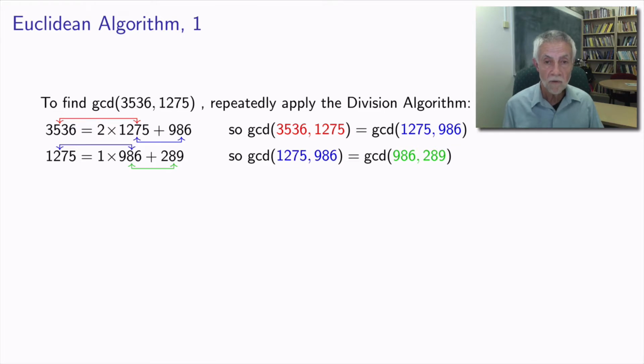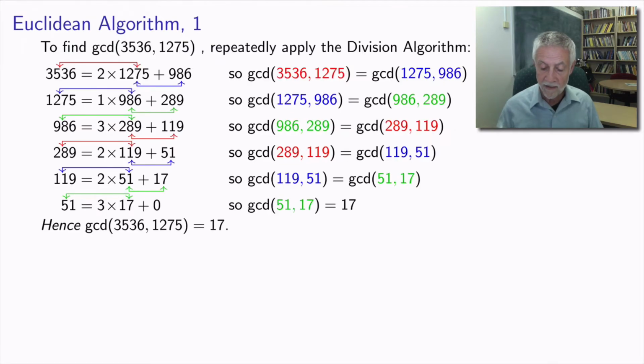We can now just keep repeating this process, and I've written down all the steps. At the next step, clearly if something divides 289 and 119, it divides 986, and if it divides 986 and 289, it divides 119, and that's the essential point in showing this equality. Finally, if I look at 51 and 17, then 17 divides evenly 3 times, and the remainder is 0.